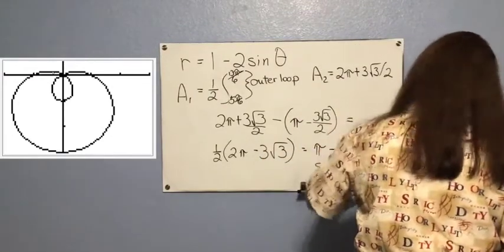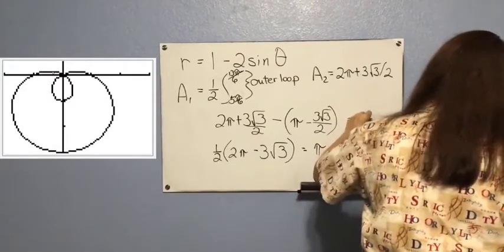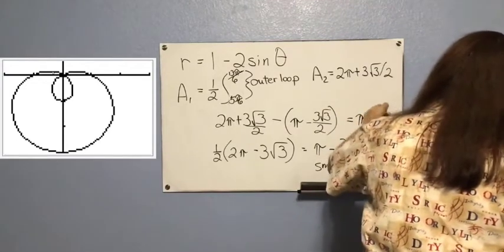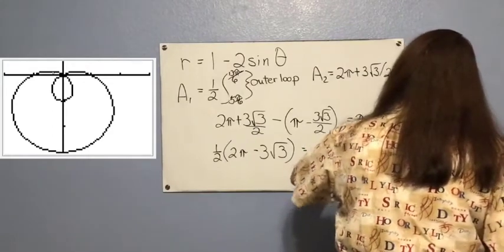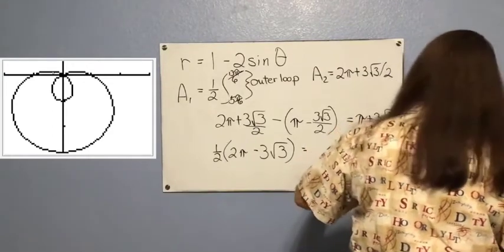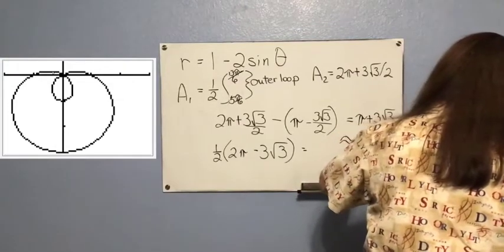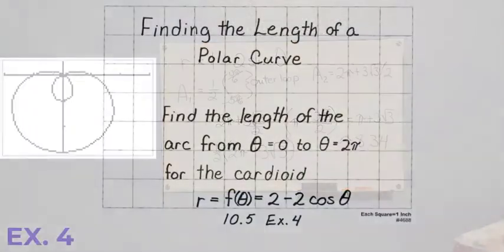So this is going to give us a total result of pi plus 3 square root of 3. And if I convert that to decimal, it's approximately 8.34.